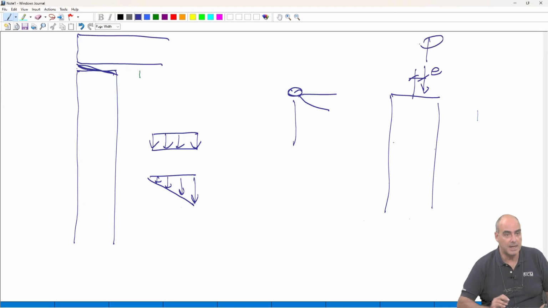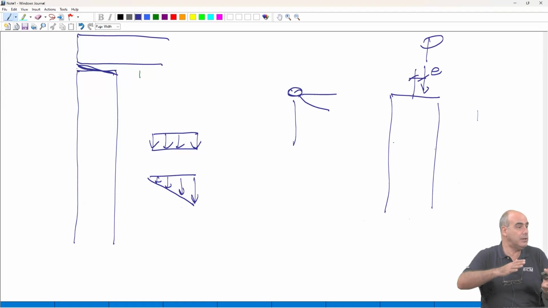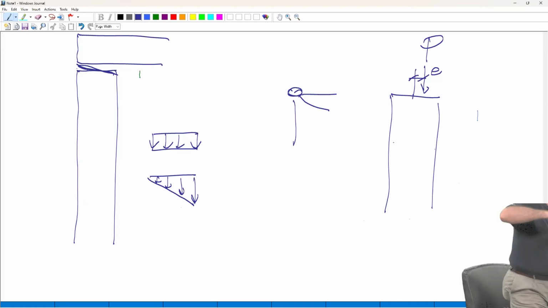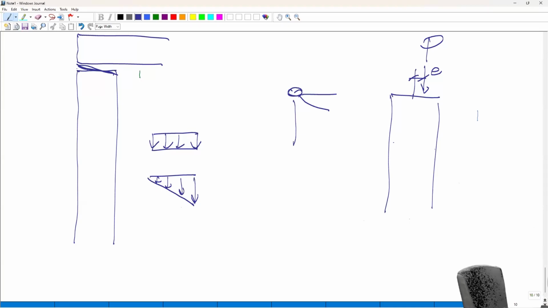your load applied with a certain eccentricity, which can depend on the tolerances, but can also depend on the deformation that the beam, if that has to be a hinged connection, must be allowed to do. And if it's allowed to do that, it will do it, because of thermodynamics. If you have water and you open the tap, the water will flow out because of the minimum energy principle.